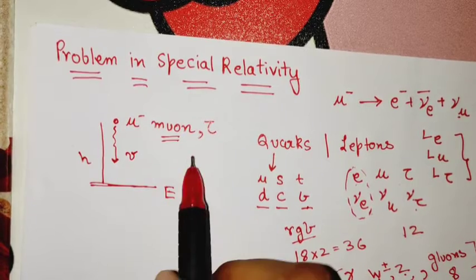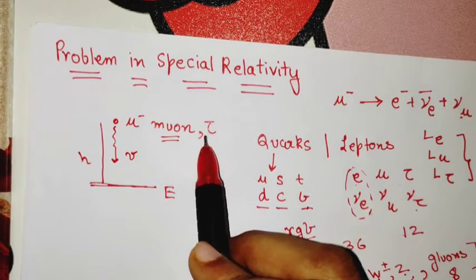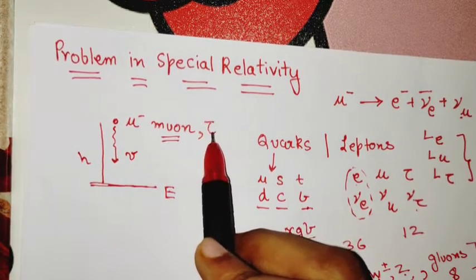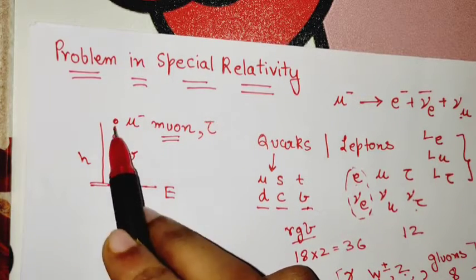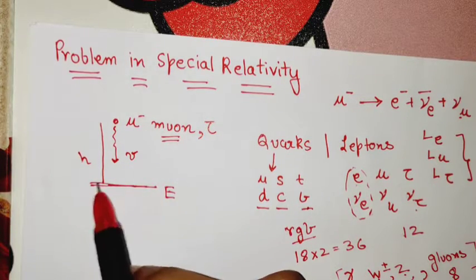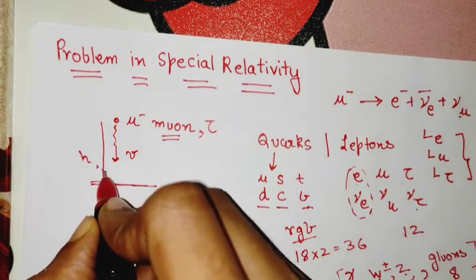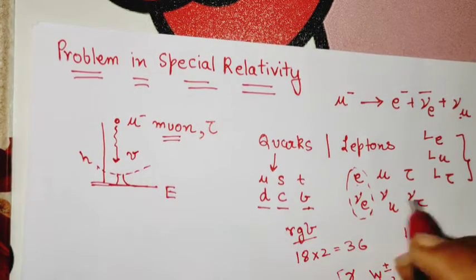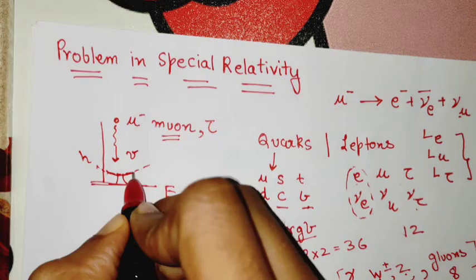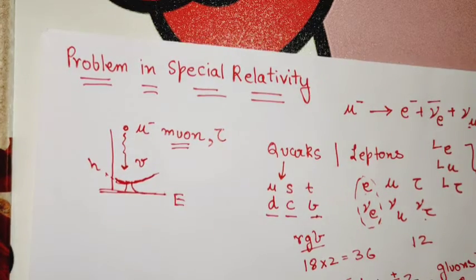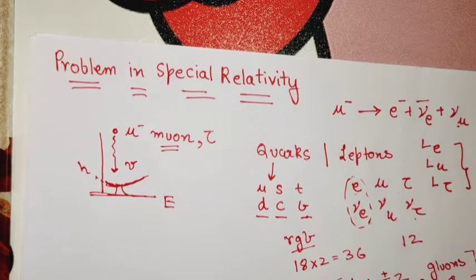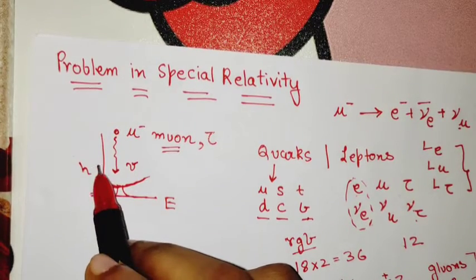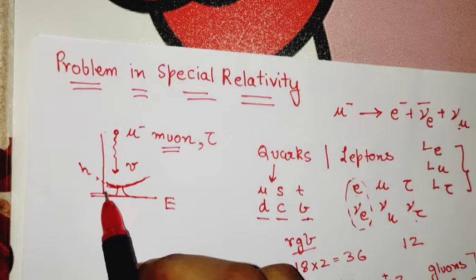What will happen is that if the decay time is so small that it can't reach Earth, then we cannot detect muons. So we can have a detector here. This detector cannot detect the muon if the lifetime is small, or if the muon is created at a very large height h.